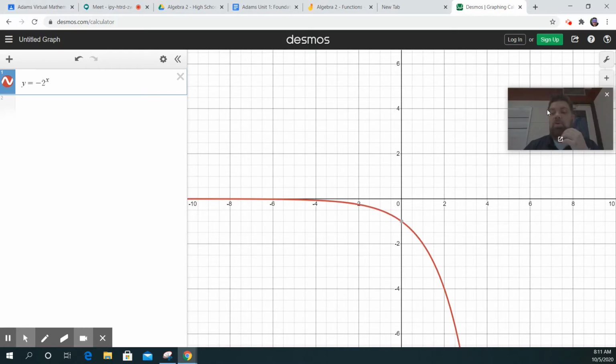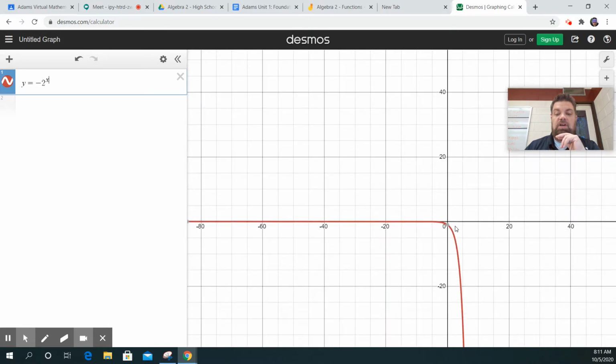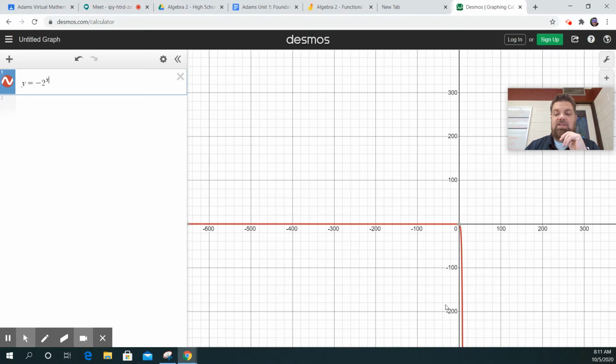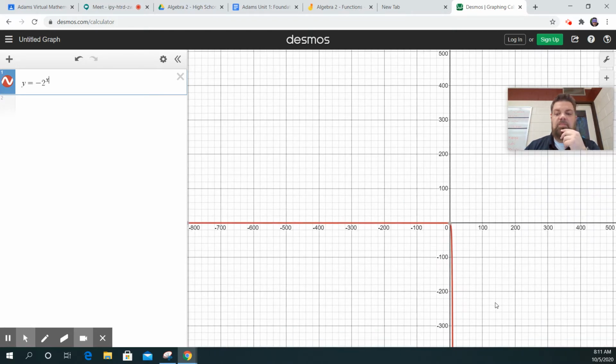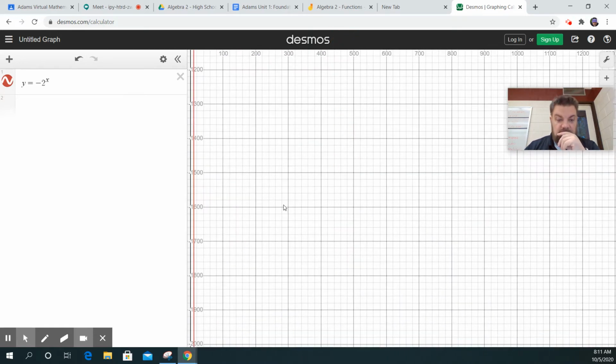And so as you can see, the domain is what are the possible x values. So if I scroll out and this goes on forever, there really isn't a restriction on the x. Now it looks like it tapers off here, but honestly, it'll go on forever.